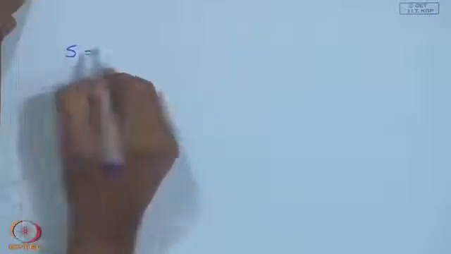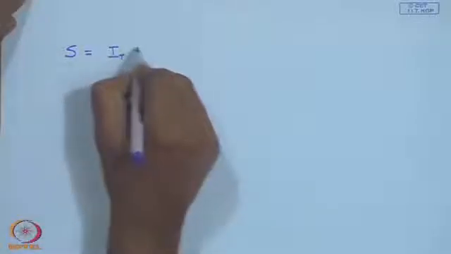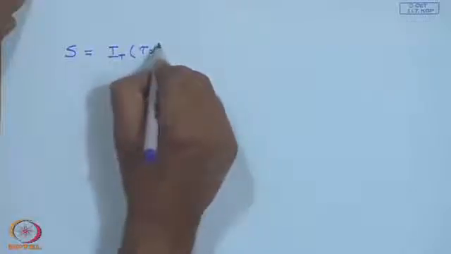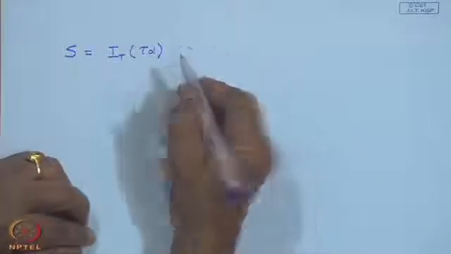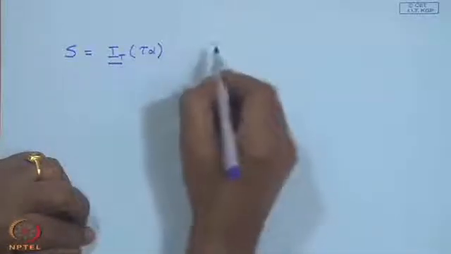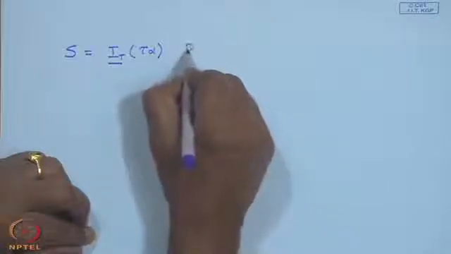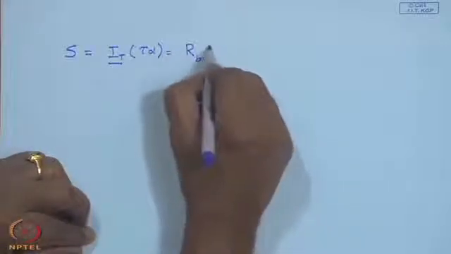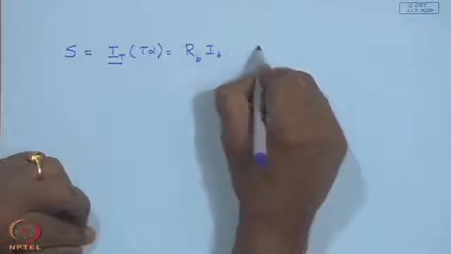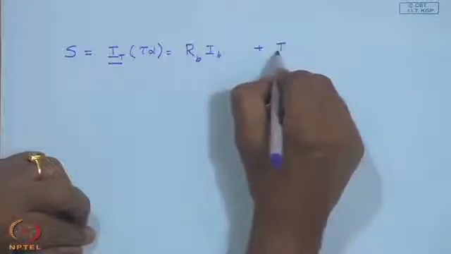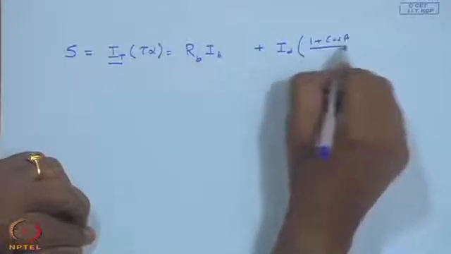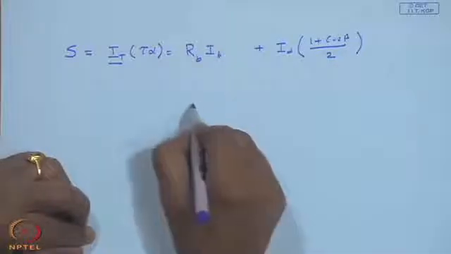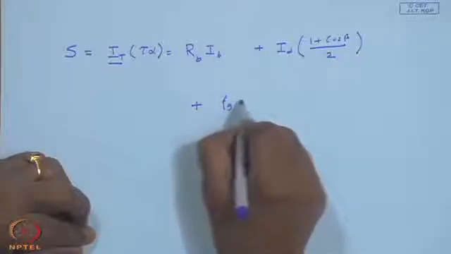Now, the absorbed radiation S is given by the incident radiation multiplied by the effective transmittance absorptance product. Now, we know that this I_T comprises direct radiation and sky diffuse radiation plus ground reflected radiation.